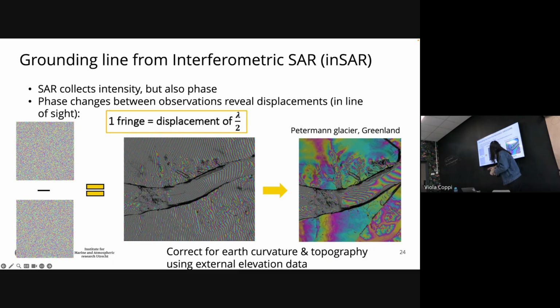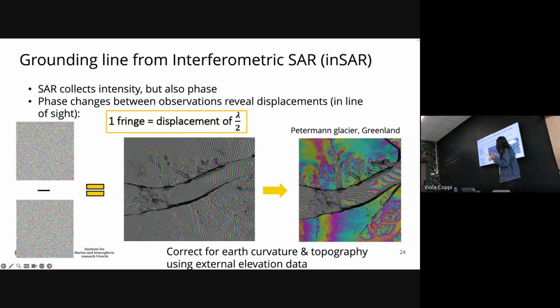Normally, because you can subtract one from the other, you get these different stripes, or what we call fringes. Because the active signal goes back and forth, the displacement is about half of the wavelength. Remember, this is the ice sheet, and this is the ice shelf, which is not directly linked to the ground.